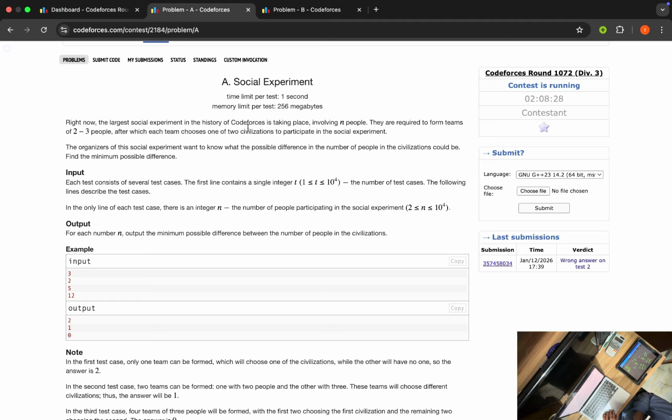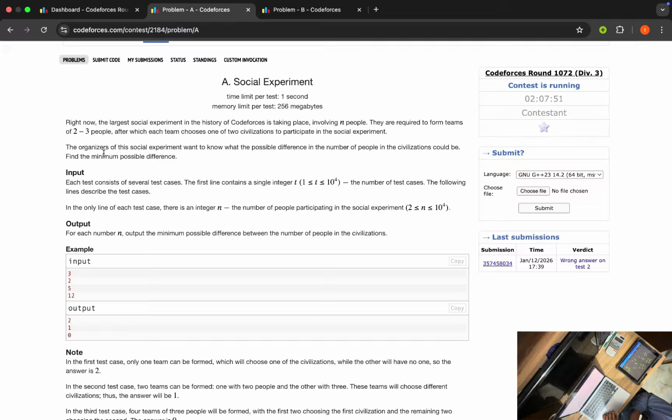Right now, the largest social experiment in history involves n people. They are required to form teams of 2-3 people, after which each team chooses one of two citizens to participate in the social experiment.